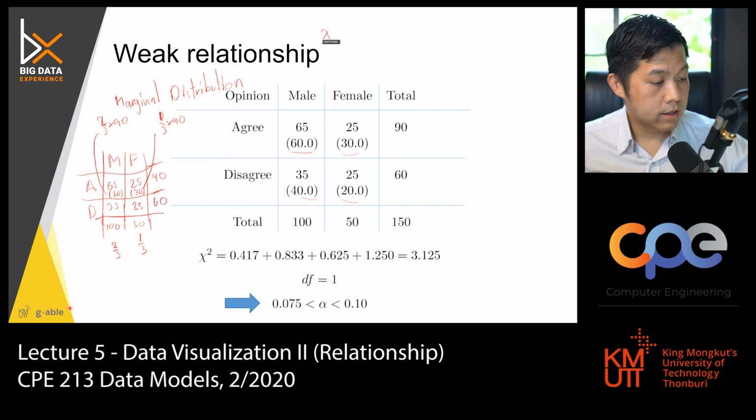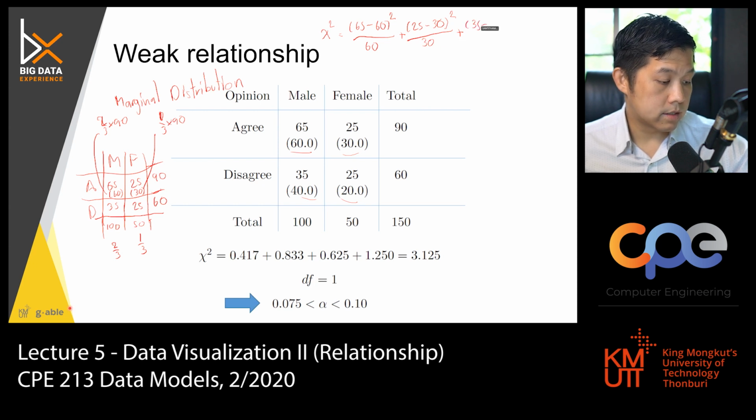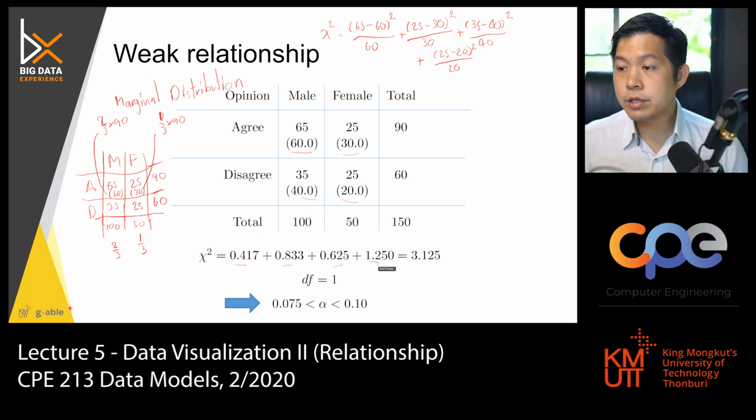The chi-square summation equals the observed 65 minus 60 squared divided by 60, plus 25 minus 30 squared divided by 30, plus 35 minus 40 squared divided by 40, plus 25 minus 20 squared divided by 20. And we get the value down here. In summation, this is 3.12.